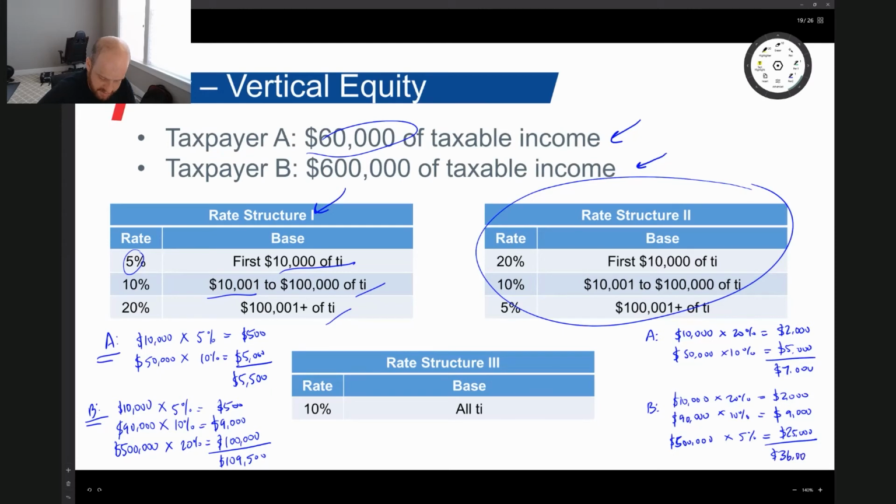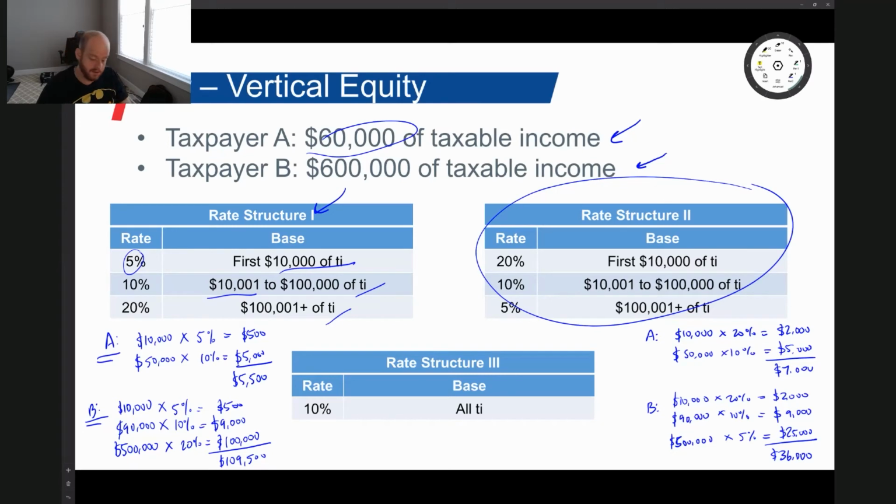It's going to be $36,000. Right? So is this a vertically equitable system? Yes. The individual who pays less is the individual who is earning less, and the individual who is paying more is the individual who is earning more.